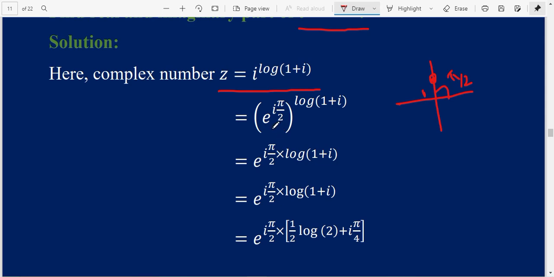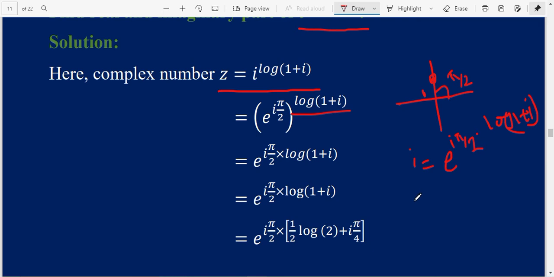So i is equal to e raised to i pi by 2, into log(1 plus i). So multiplying this, e raised to i pi by 2 into log(1 plus i).